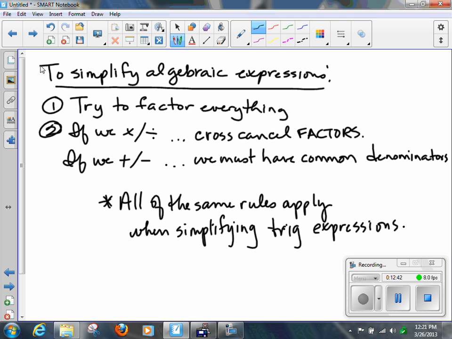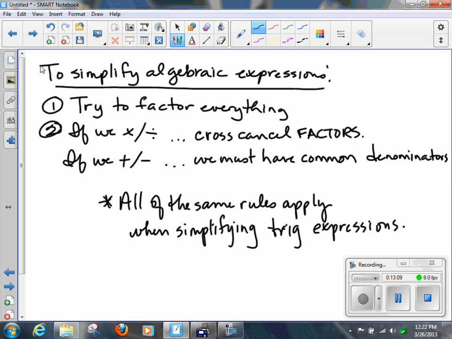If your algebra skills are strong, then this will be a piece of cake for you. And I bet you that's why I love this stuff. It's like a puzzle for me. Look where we start and then look what we end up with. It's like complex numbers on steroids. Kind of fun. I think I like doing these. Okay? So all of the same rules apply.